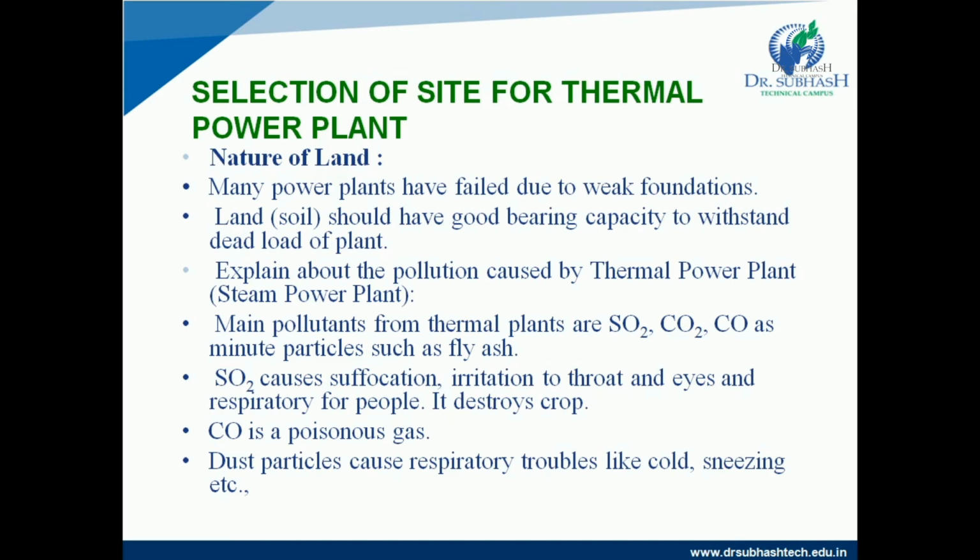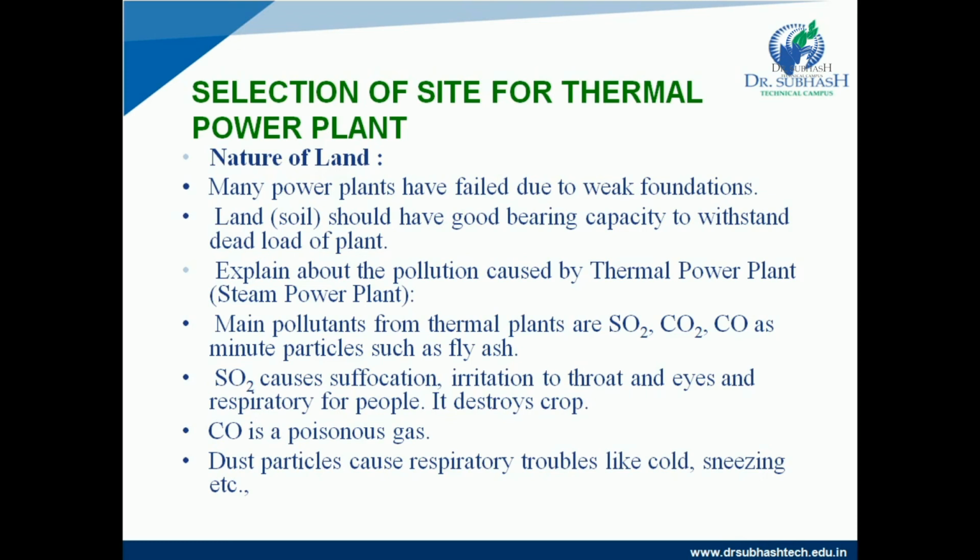SO2 causes suffocation, irritation to throats and eyes, and respiratory problems for people, and it destroys crops. And CO is a poisonous gas. Dust particles cause respiratory troubles like cold, sneezing, etc. So all these things we have to think about for the selection of the site for thermal power plant.